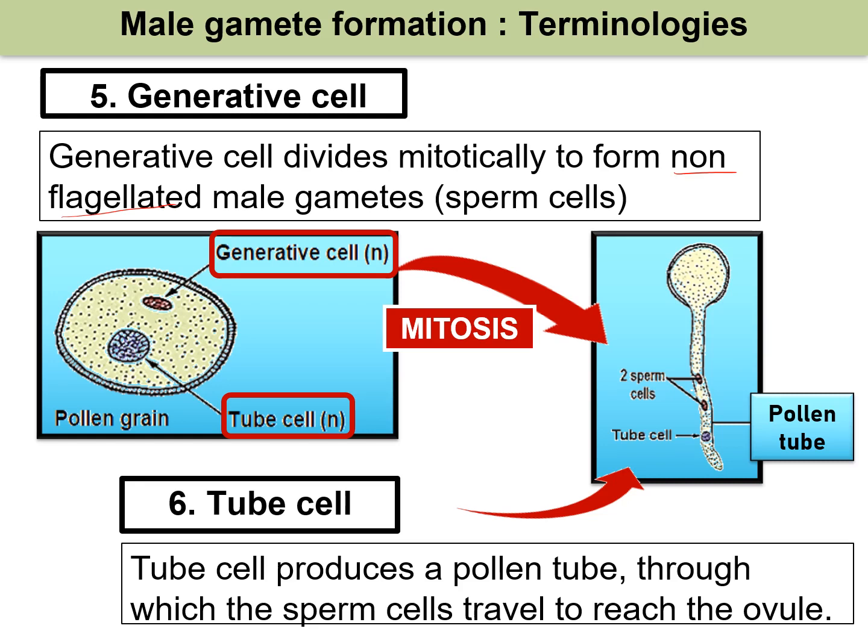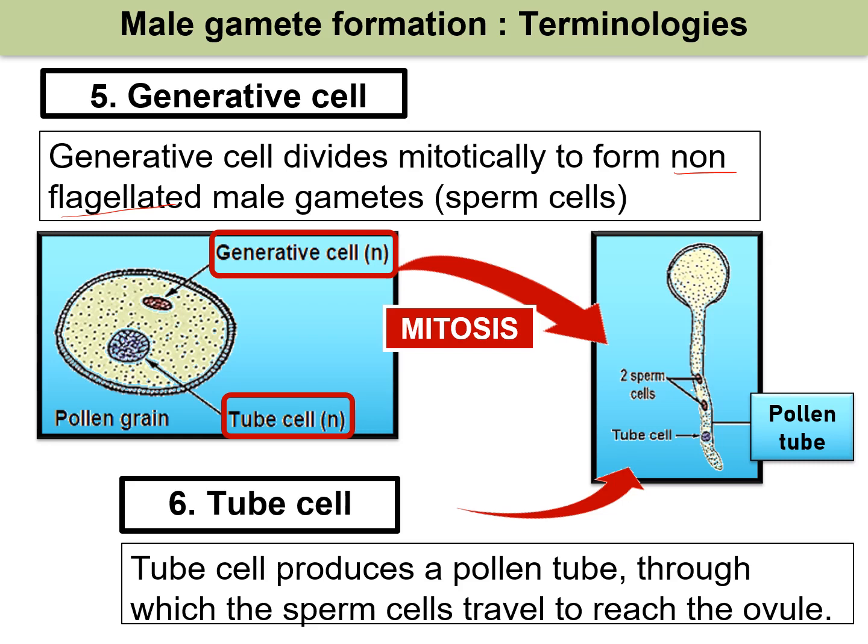They cannot swim. So they need some structure to help them arrive at the female reproductive organs. So male gametes of flowering plants do not have flagella, so they are non-motile. Non-motile is unable to move freely.